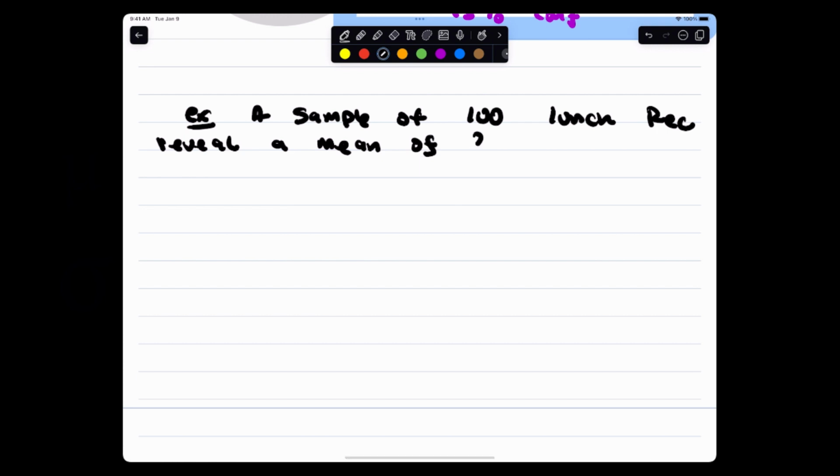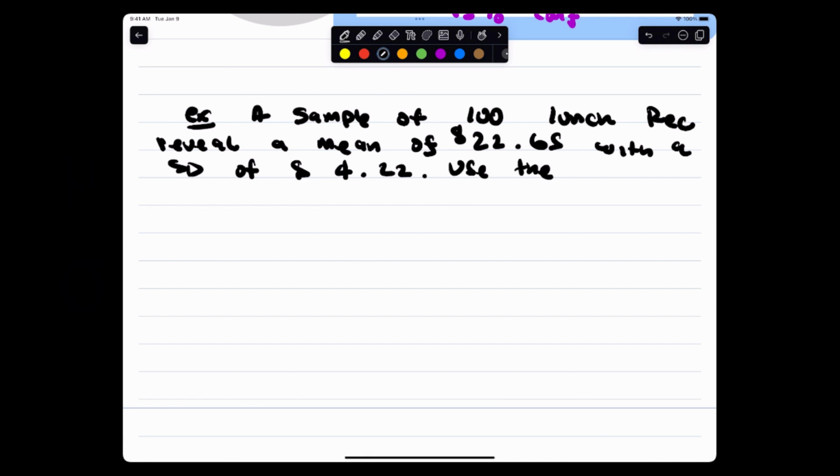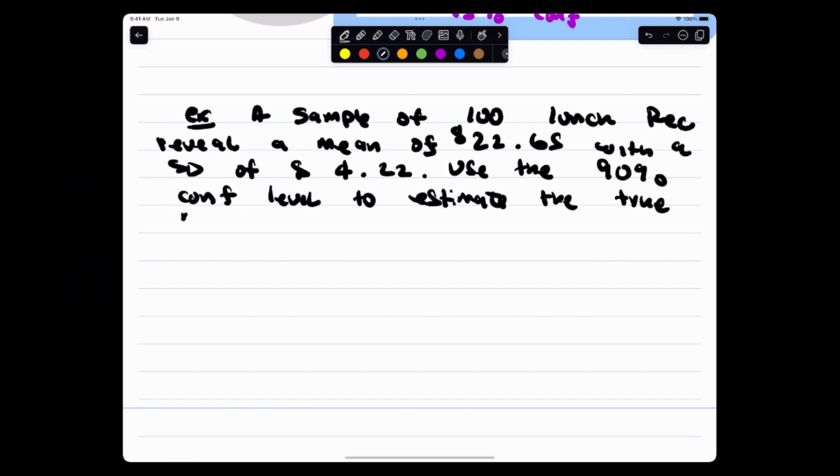A mean of $22.65 with a standard deviation of $4.22. Use the 90% confidence level to estimate the true mean.